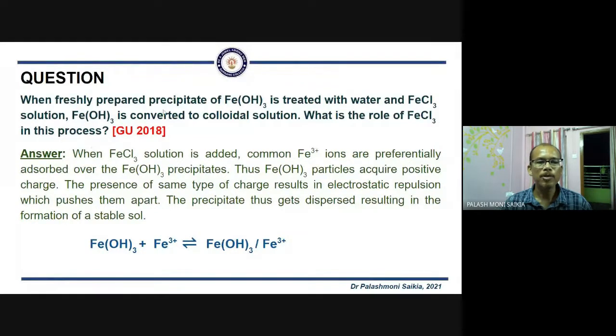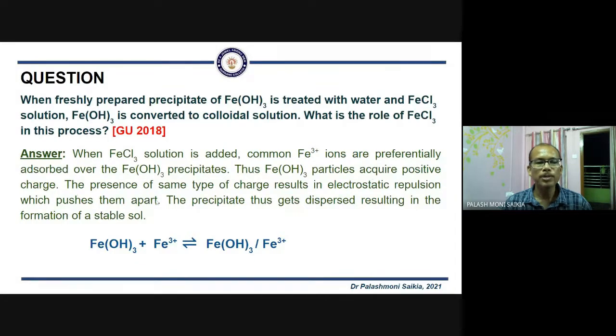At first, ferric hydroxide was precipitated. Now since it is treated with ferric chloride, ferric hydroxide will be in a solution where there is a large amount of ferric ion. Ferric hydroxide and the solution have a common ion, Fe3+, so it is preferentially adsorbed.